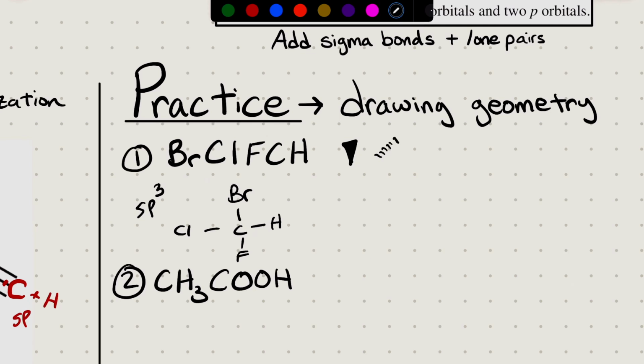A wedge means that if I had a piece of paper in front of me, the molecule is coming towards me, and the dashes mean that the molecule is going away from me. Now, when I was in OChem, none of that made sense, a lick of sense. So what I tried to make in my head is that a wedge means that something is at the front of a molecule, while the dash means it's going behind the molecule.